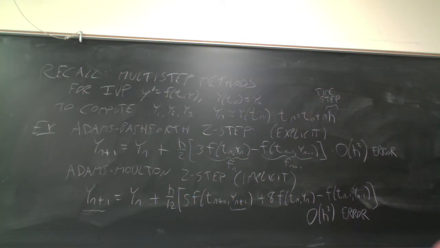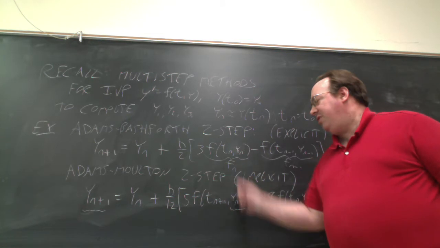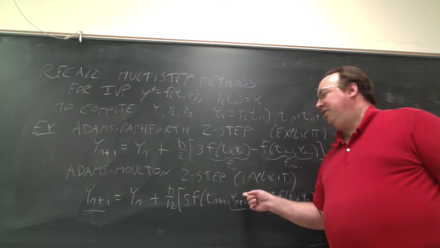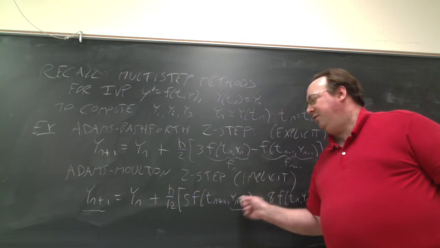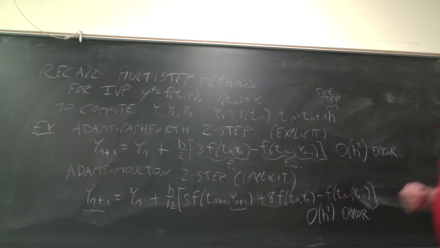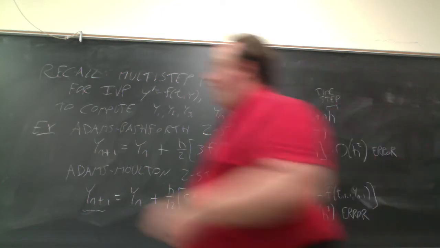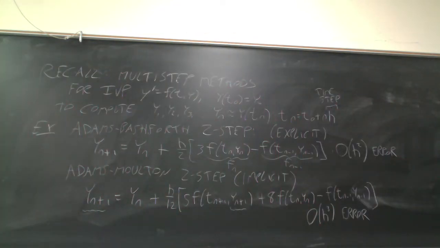Because if you're going to use fixed-point iteration on this or something like that, or Newton's method to solve this equation and to get it to converge, that's a lot of extra work. So we'd like to cut back on that. And that's what leads to the concept of a predictor-corrector method.